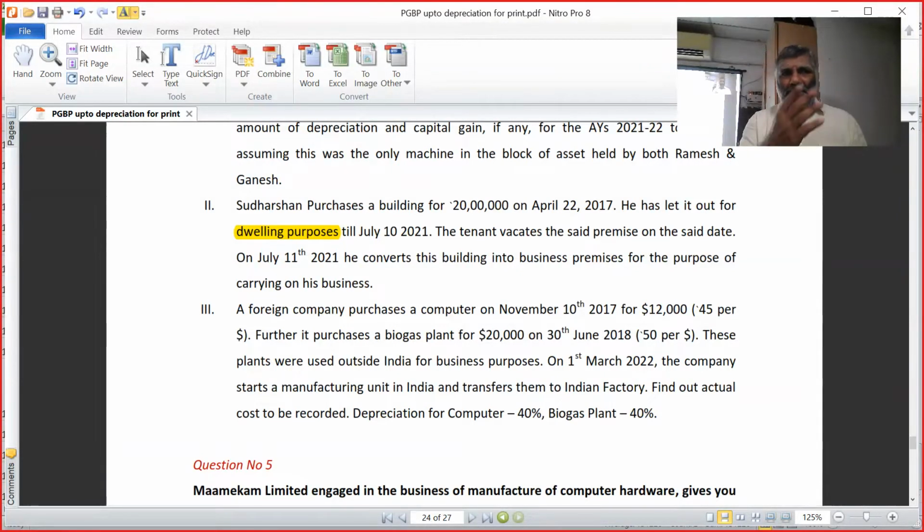Since it is 1st March 22, this year I can only claim half of it. The company starts manufacturing unit in India and transfers them to Indian factory. Find out the actual cost to be recorded. Depreciation for computer 40%, biogas 40%.